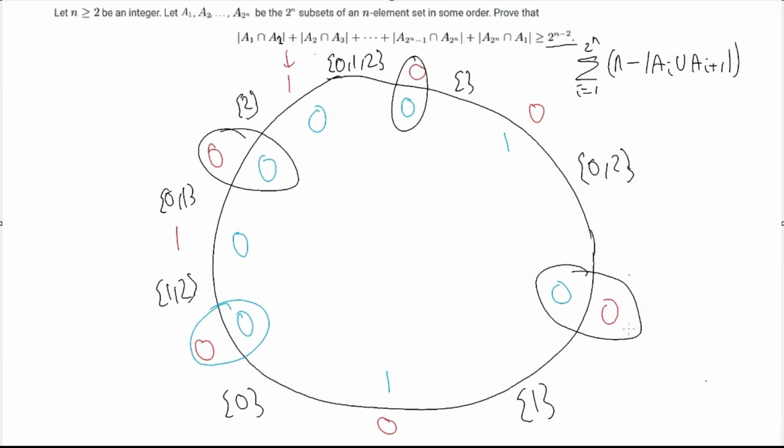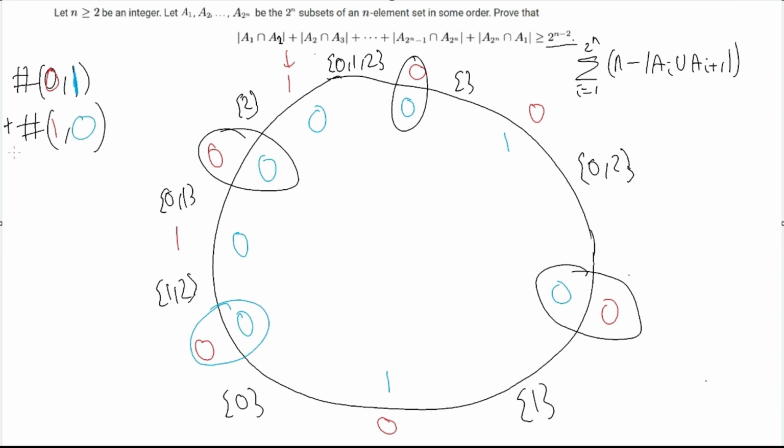So therefore, because these 0, 0s are irrelevant, we have that the number of 0, 1, where we have 0 on the outside, 1 on the inside. And I should probably make this one red here and this one here blue. And then we have plus the number of ones where we have 1 on the outside and 0 on the inside.